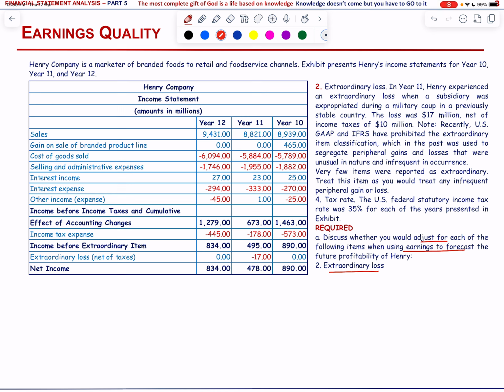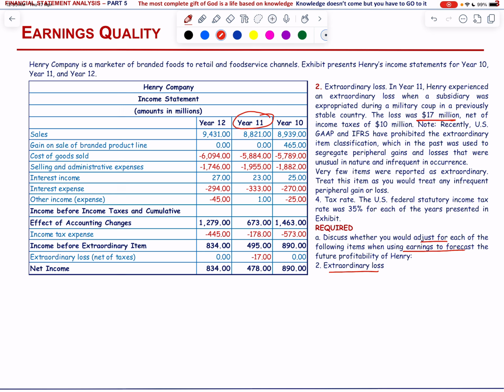And the reason is that in year number 11, Henry recorded an extraordinary loss of 17 million after tax due to the expropriation of a subsidiary during a military coup, an unusual and infrequent event.